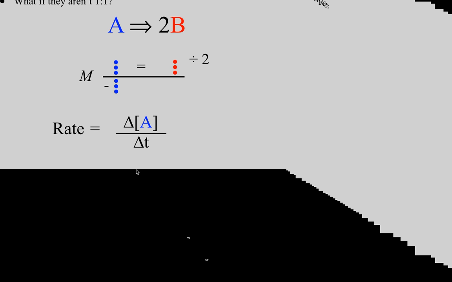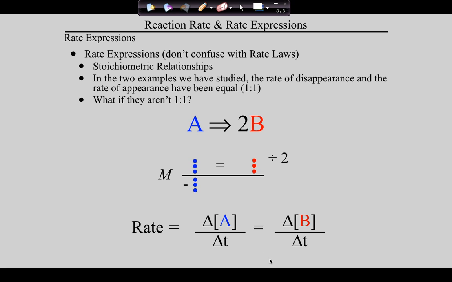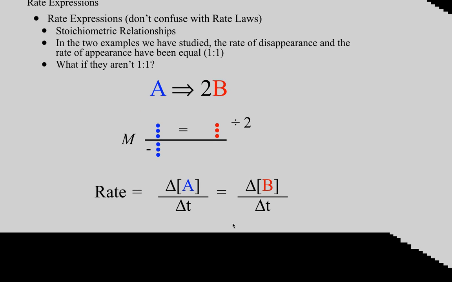Okay, so guys, the way that this goes is we go rate is equal to, this is the rate expression for this. Rate is equal to the change in, do you remember what the brackets mean? Molarity. The change in the molarity of A divided by time, and that is equal to the change in molarity of B divided by time.